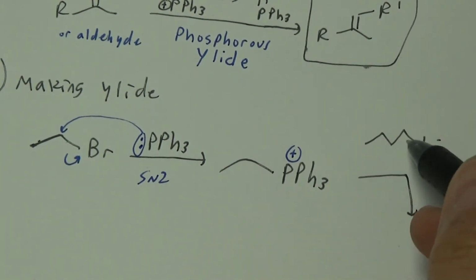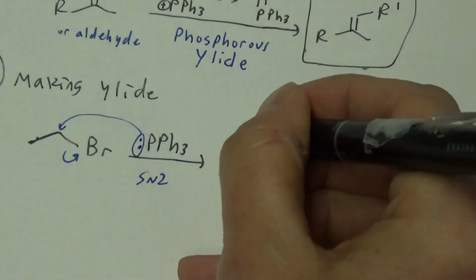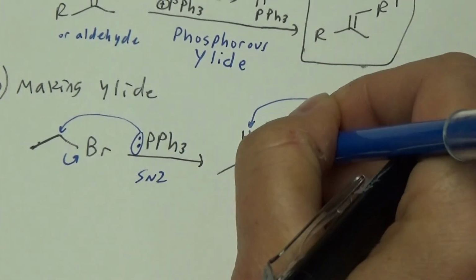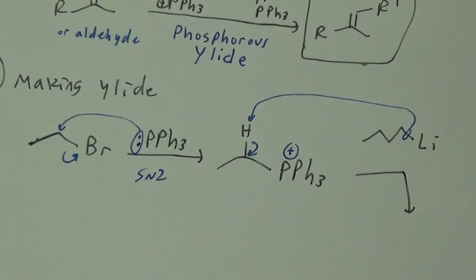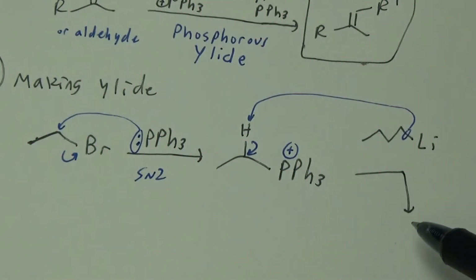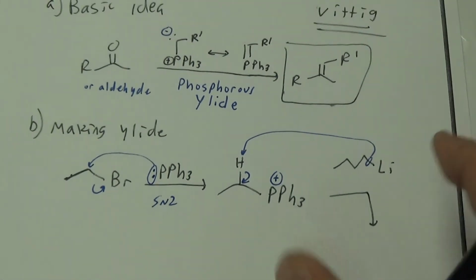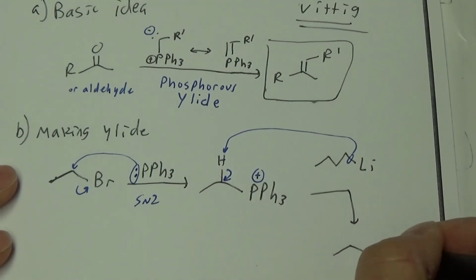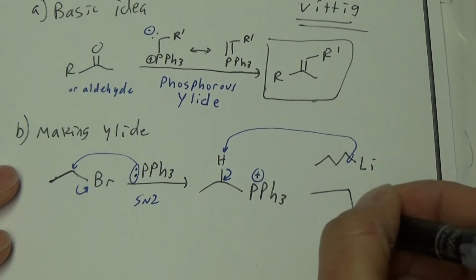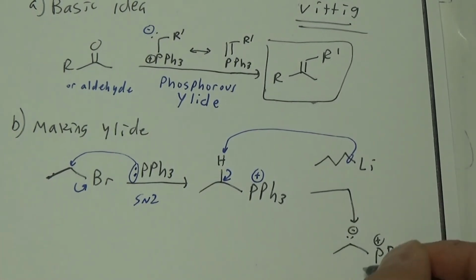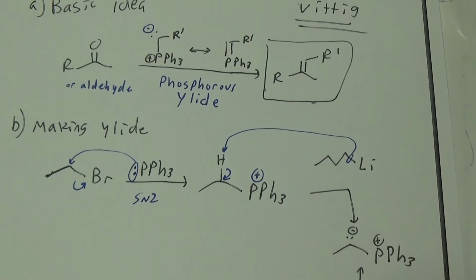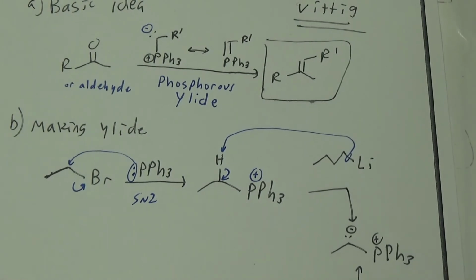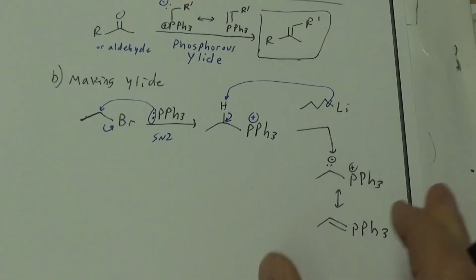It's one of the strongest bases in the world, and that just rips off this proton and makes a negative charge on the carbon. Aha, there it is. That makes the ylide. So now you've got PPh3 positive, negative, and this is in resonance, of course, as all ylides are. So that's how you make the ylide.